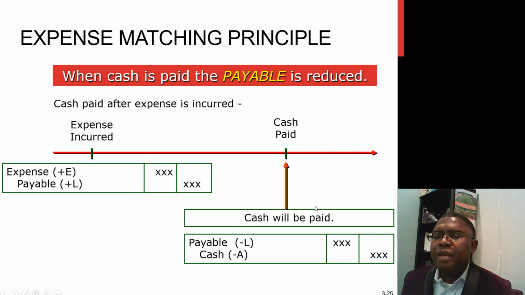Once we make the cash payment, the two accounts that will be affected are the payable, so our liability is going to go down, and cash, which is also going to go down. The payable is a liability. When a liability is reducing, it takes a debit balance. And then we have cash. When cash is decreasing, it takes a credit balance.